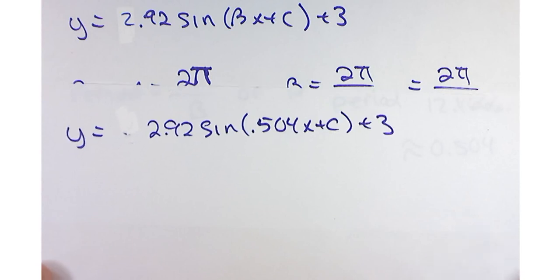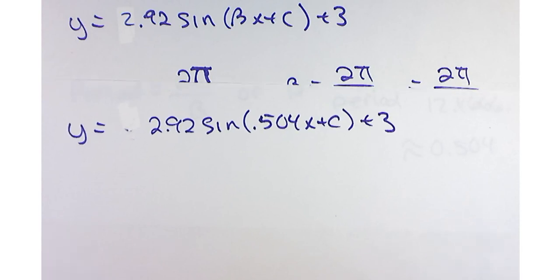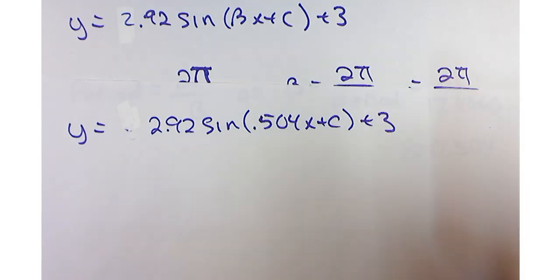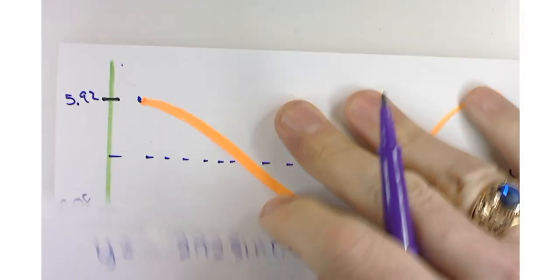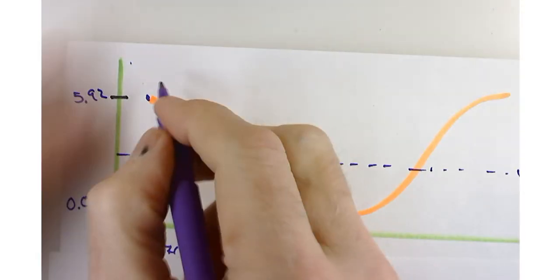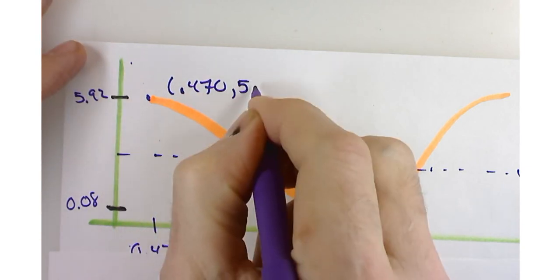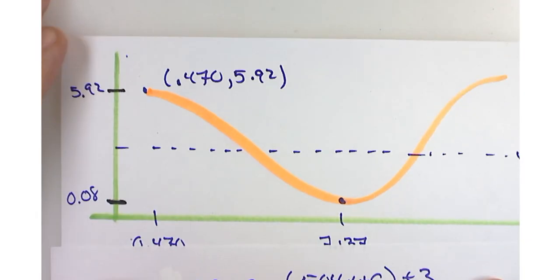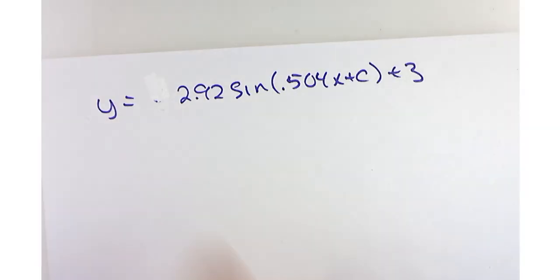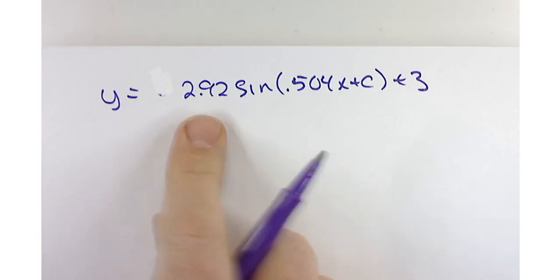So now the next thing to do is to figure out, well, what is x? What we can do is take advantage of the fact that we know the coordinates of this point. This point has coordinates of 0.470 and 5.92. Our graph literally passes through that point. And that's helpful because right now I've got 3 unknowns.